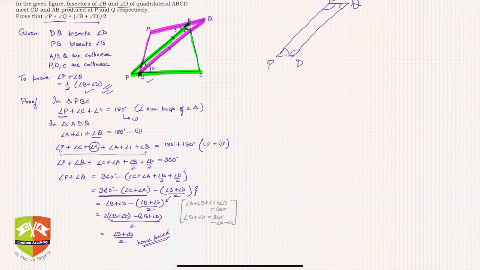And these angles were the same because they were bisectors, and you would have again used the angle sum property of a triangle and achieved the same result. So there could be multiple methods of solving the same problem. Hope you understood this problem.